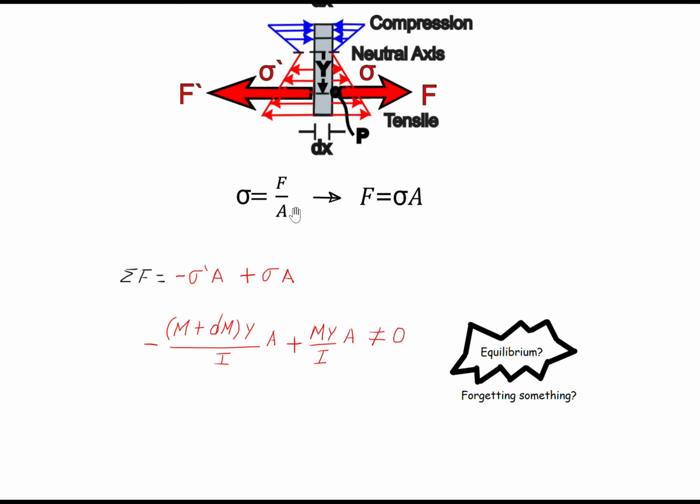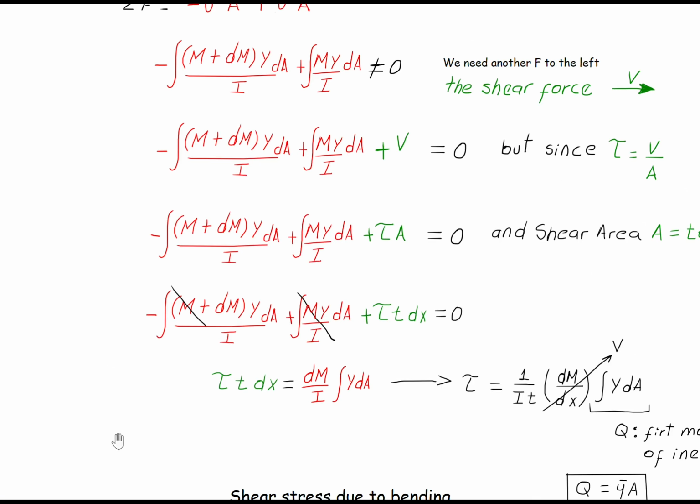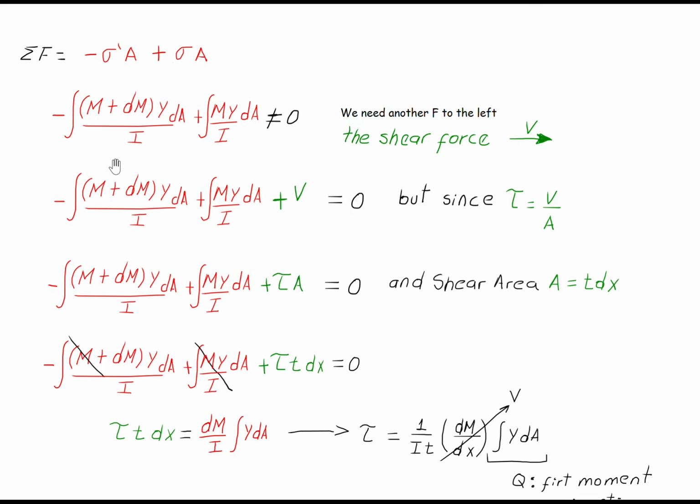Okay, let's check the equilibrium. We learned that in addition to this, let's substitute the normal stress by its expression M times y over I, and since we are considering the whole section, the whole area of the cross section, we have to add a new force, that is the shear force.